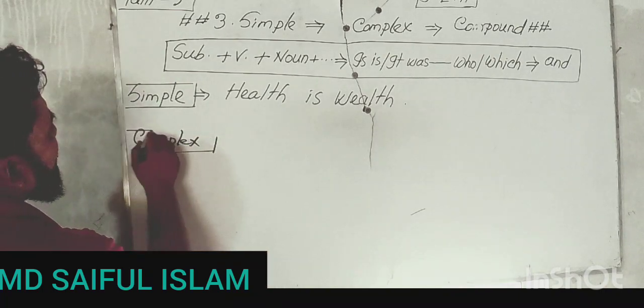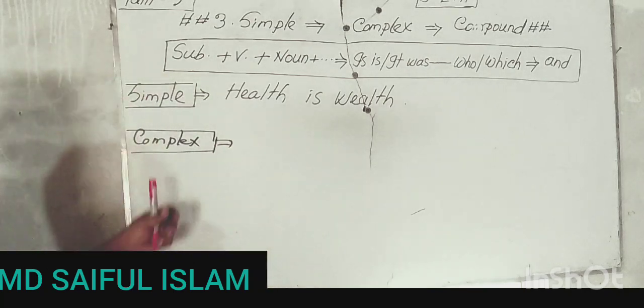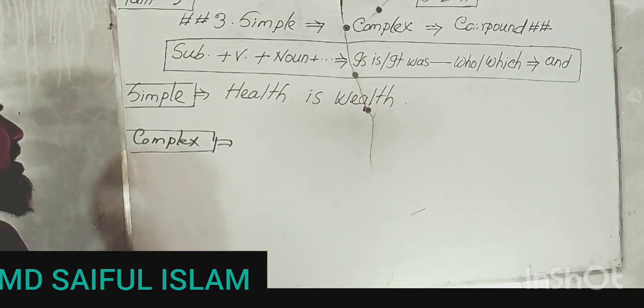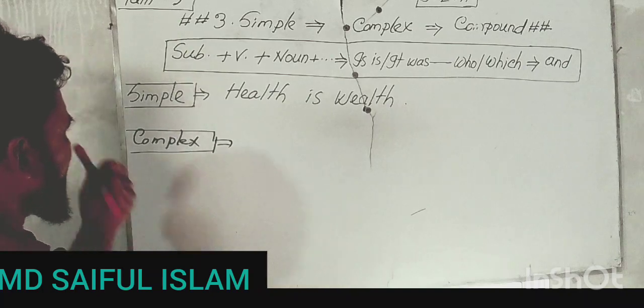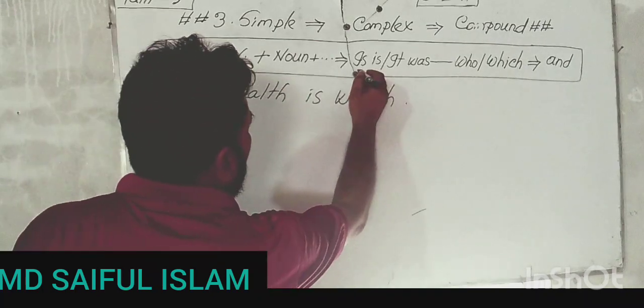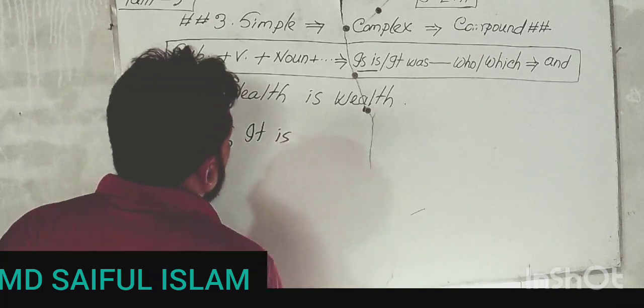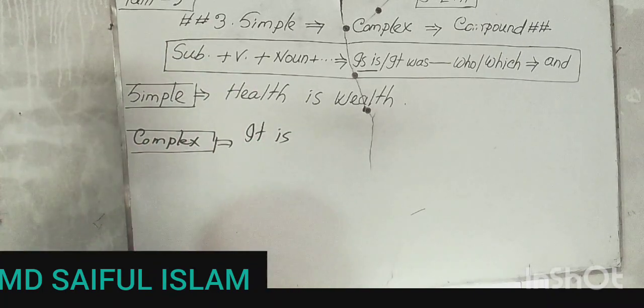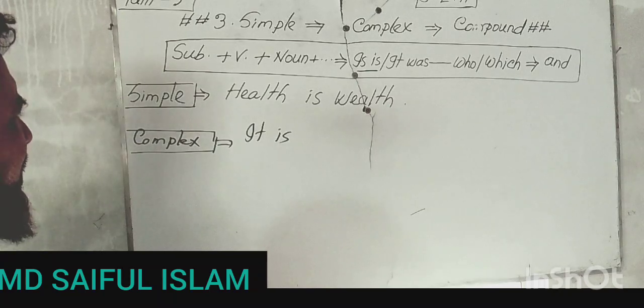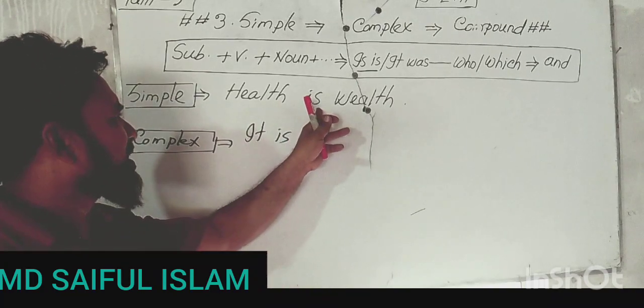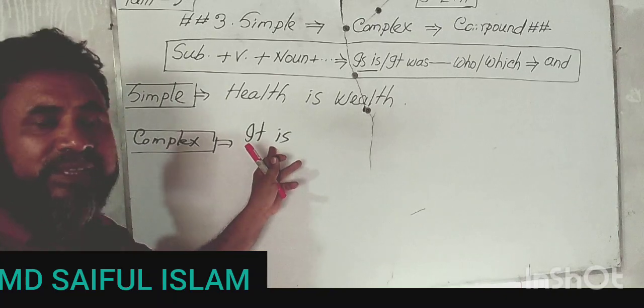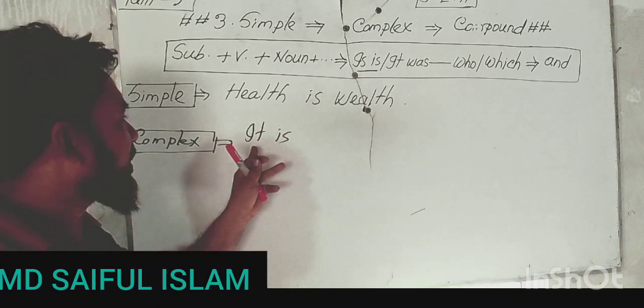Complex sentence. So look at the sentence and try to understand the topic, because at first we'll have to use "it is". Now you ask me, sir, what about "it was"? You will have to keep in mind here: if the verb is in the present form, you will have to use "it is", and if the verb is in the past form, you will have to use "it was".